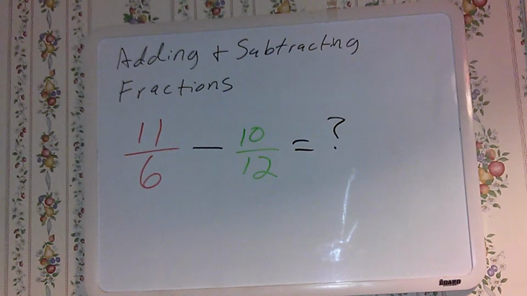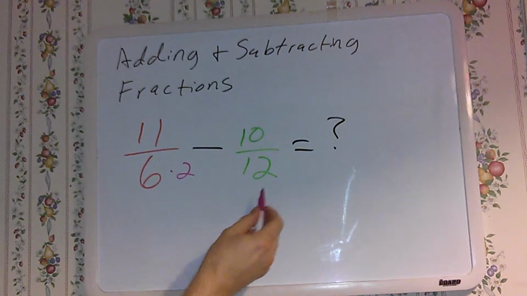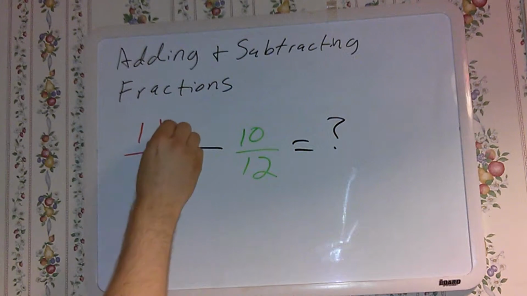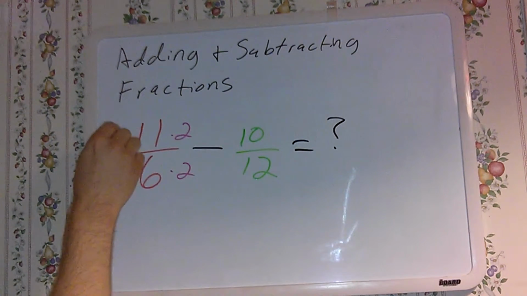So, we know that 6 times 2 is 12, and since we multiplied this by 2, we have to multiply that by 2 as well. And it's not always going to turn out that you're multiplying by 2, but whatever you do down here, you have to do up here.